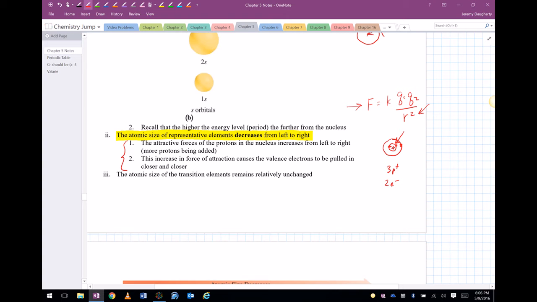Now, there's something called Z effective. You should know that Z is the symbol for the protons. This is the effectiveness of the protons. So the simple Z effective for lithium is equal to 1. Let's look at beryllium.